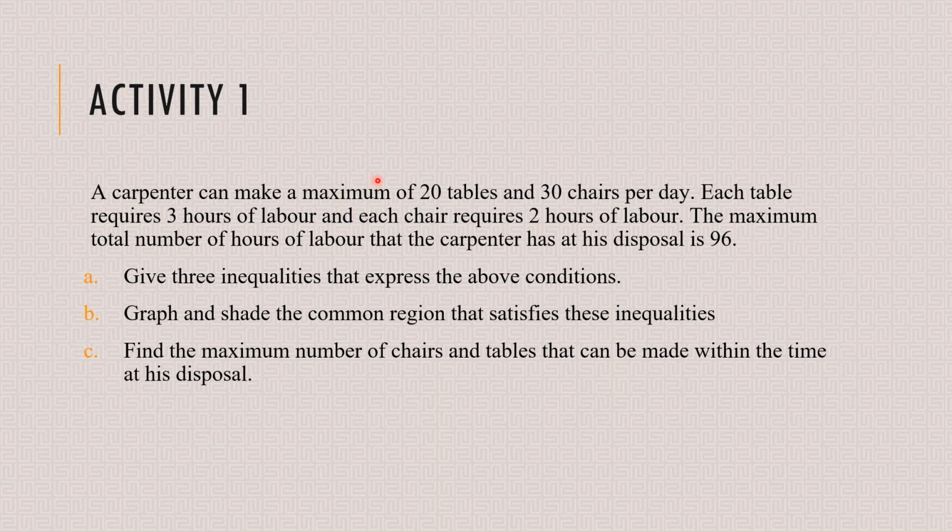So the table production will not be greater than 20, it's going to be less than or equal to 20. Then the chair production too is going to be less than or equal to 30, because the production of chairs cannot be greater than 30 within a day. Then there's another limitation concerning the hours of labor. All these things are the limitations that we need to use to write our constraints.